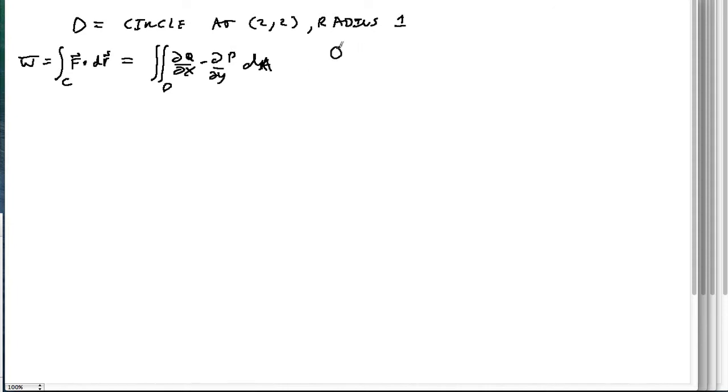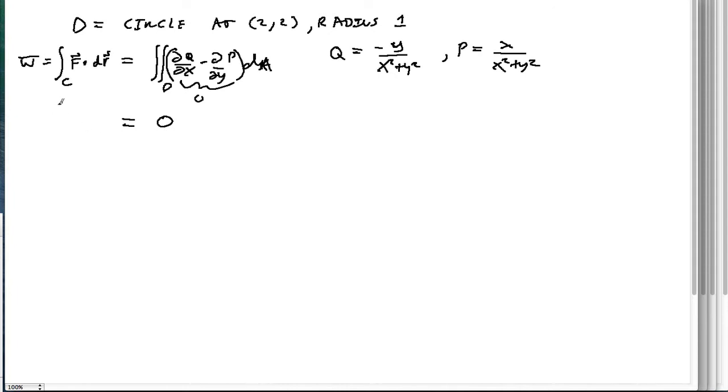All right, so what was Q again? Q was equal to negative y over x squared plus y squared, and P was equal to x over x squared plus y squared. And I've already indicated this was equal to 0, right? So now, of course, we've proven already that if the integrand over that whole region is 0, then the integral will be 0 as well.